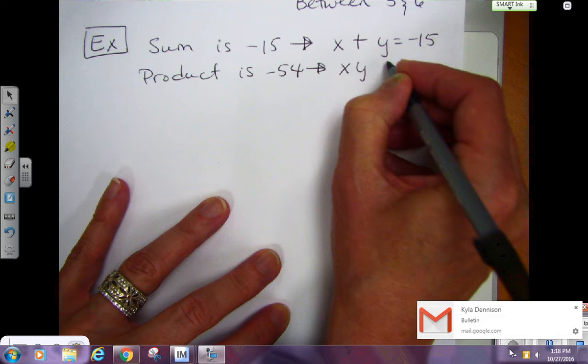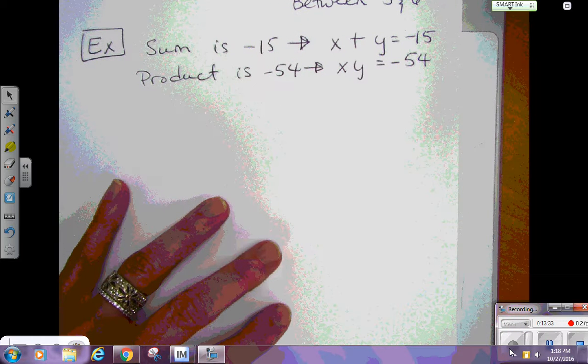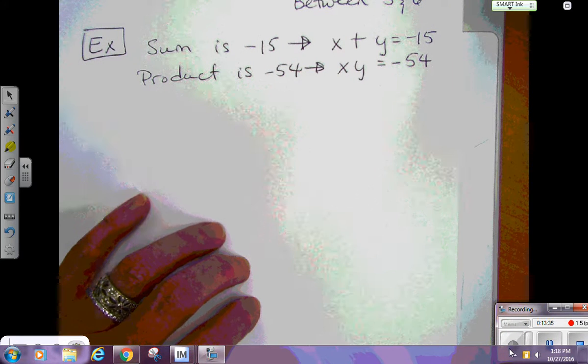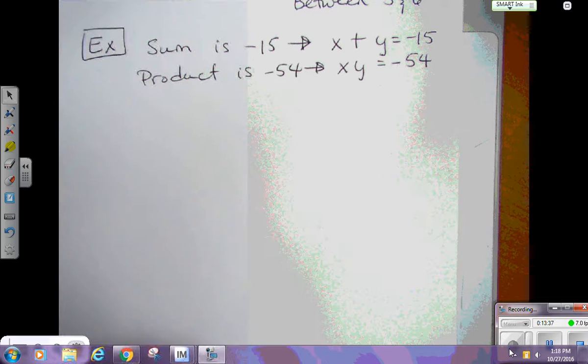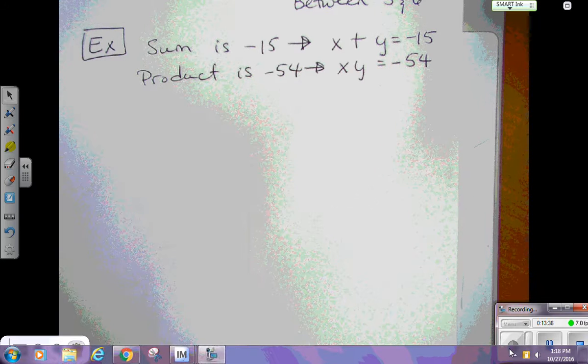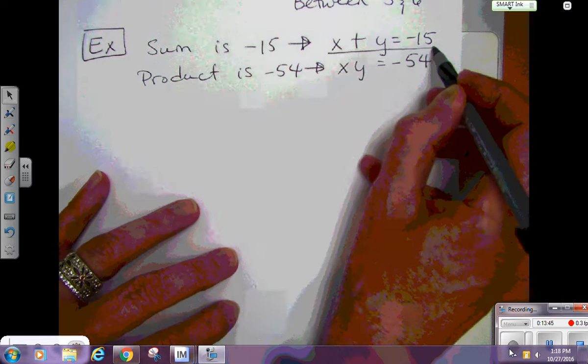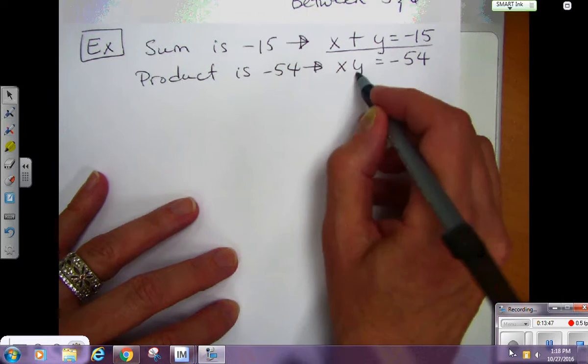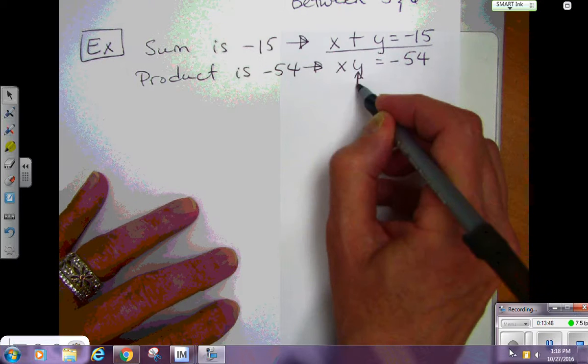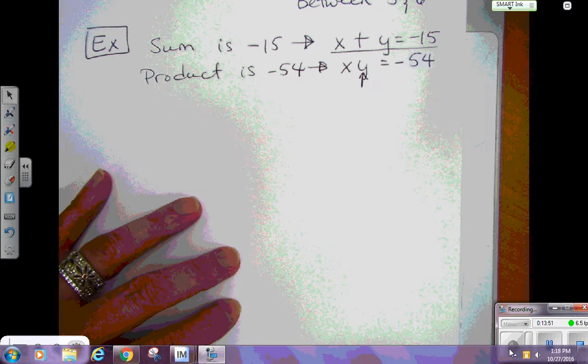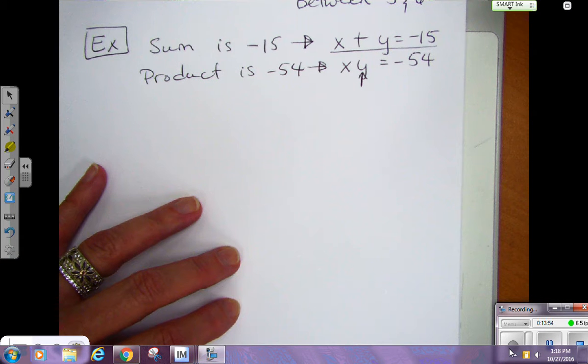So I want to come up with a quadratic. So what I'm going to do is I'm going to use this first equation, which is linear, to solve for y. And then I'm going to substitute that value in to the multiplication problem. And that'll help me get the quadratic that they want. So when I solve for y in this linear problem, I get y equals -x minus 15.